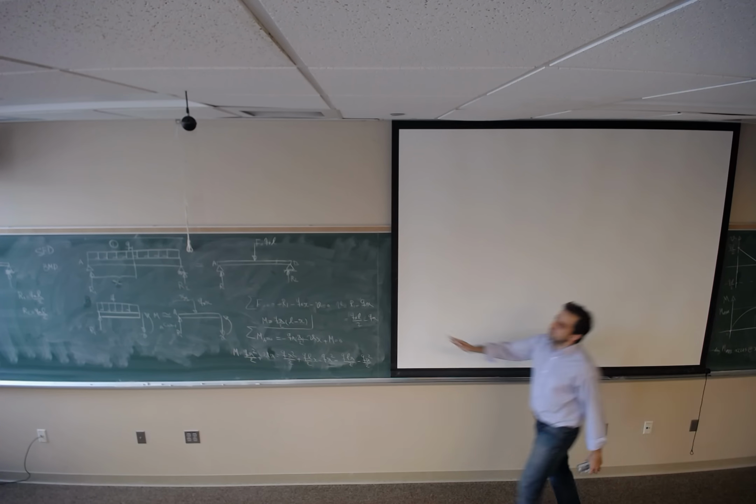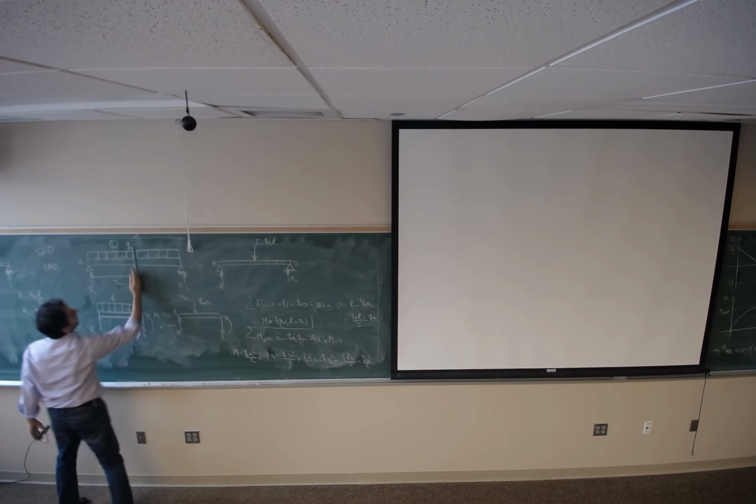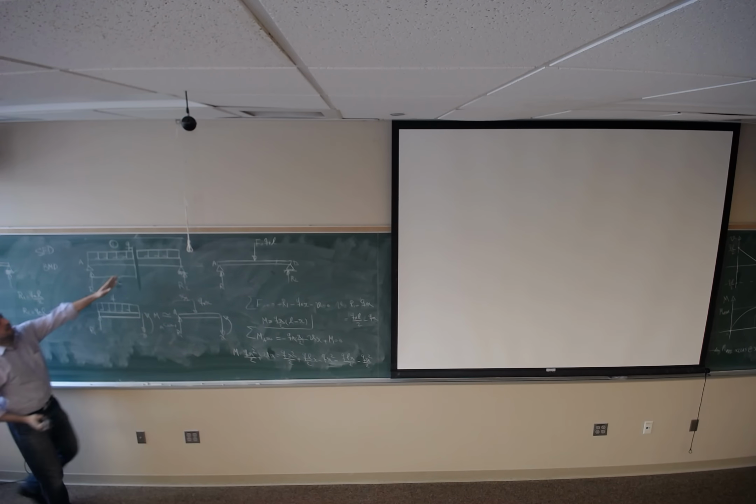The critical section is located at x equals L over 2, the middle point of the beam. If failure occurs, it's going to happen at the middle point, and we should do the design or analysis at the middle point of the beam.